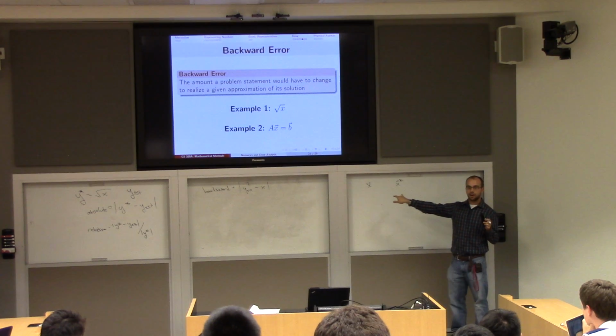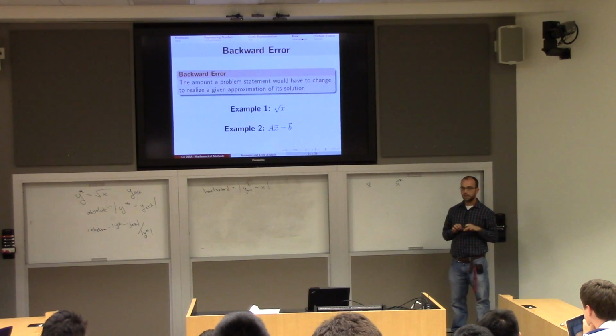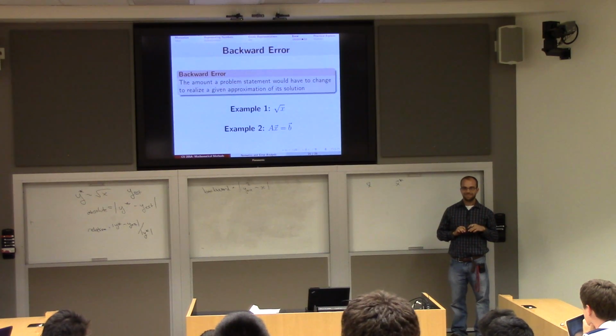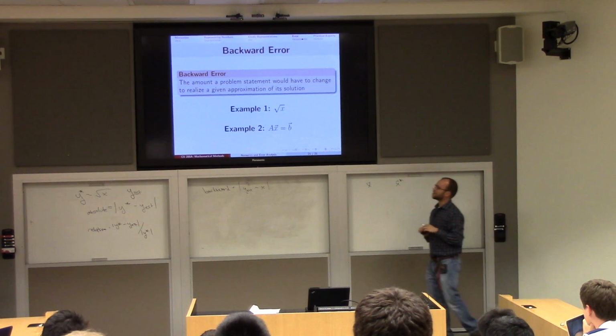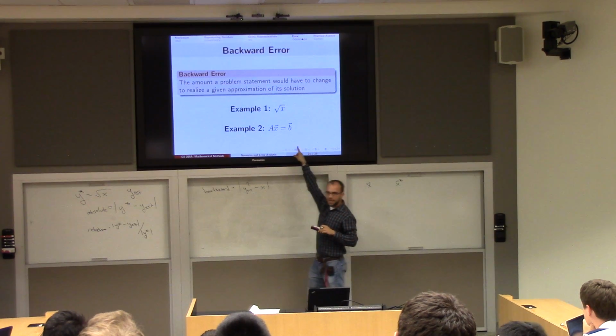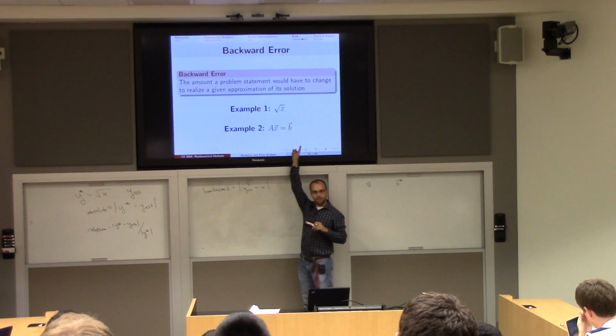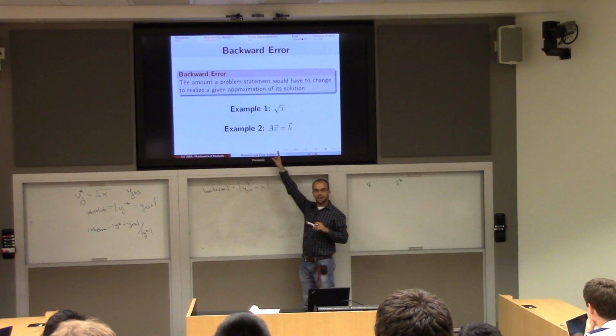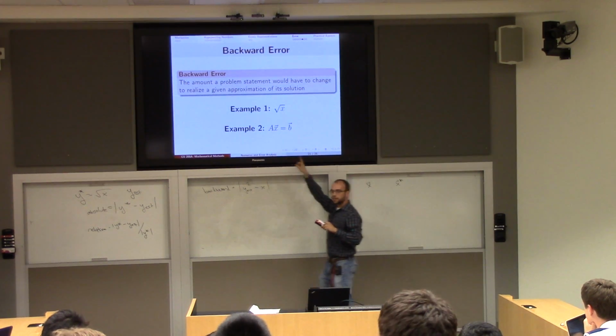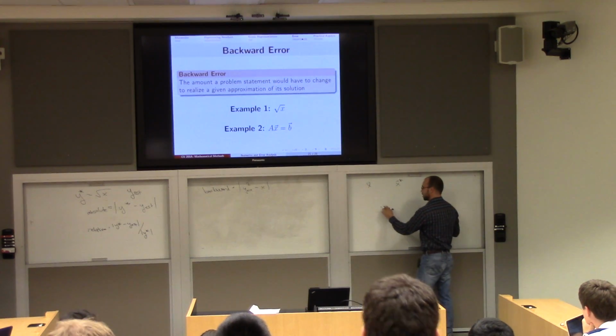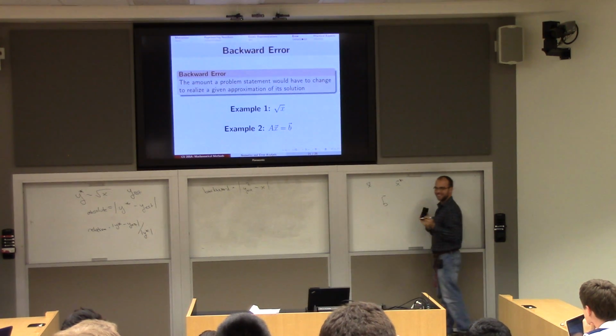What is the backward error? Well, one way to parameterize this would be to say you could change b slightly and get a different x. This is sort of like changing your problem statement to get the value you wanted. So the actual b, obviously, is b.